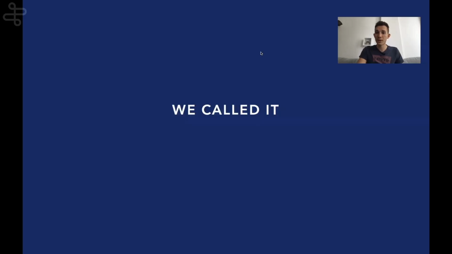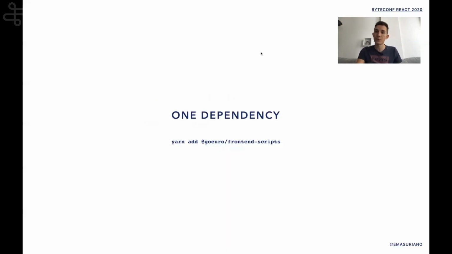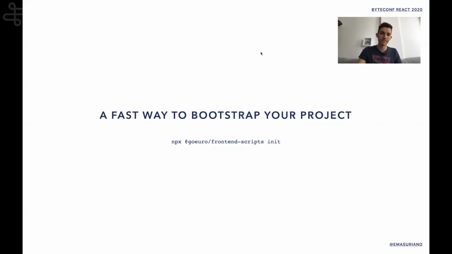So we created, and we call it, FS scripts. The name basically means front-end scripts, because it was mainly focused on micro front-end. Let's recap what we did. One dependency, that was pretty easy: yarn add, and then the name of the dependency under the label of the company.